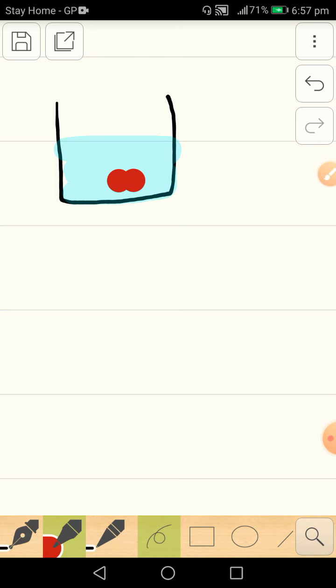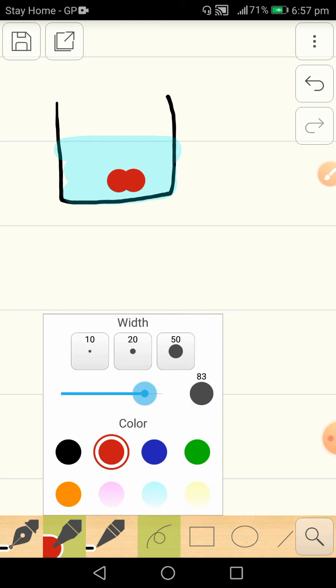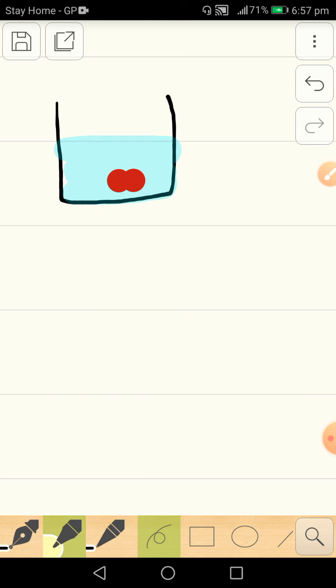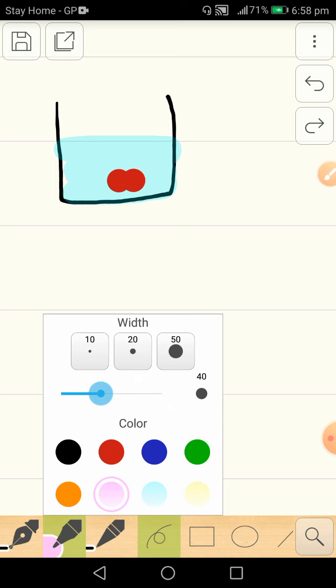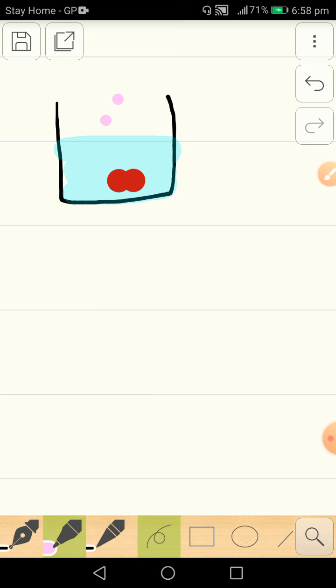So what happened is that the amount of carbon dioxide lost from here, I think you can see it, these pink dots are the carbon dioxide. So a very small amount of carbon dioxide is lost per unit time. These are the carbon dioxide which is lost, for example.